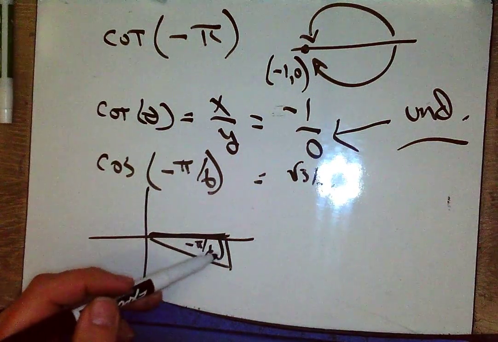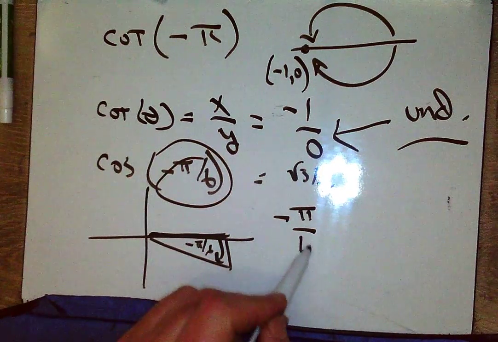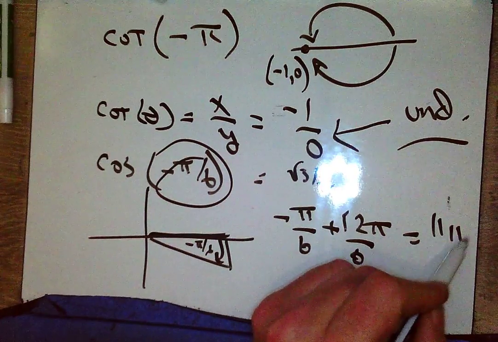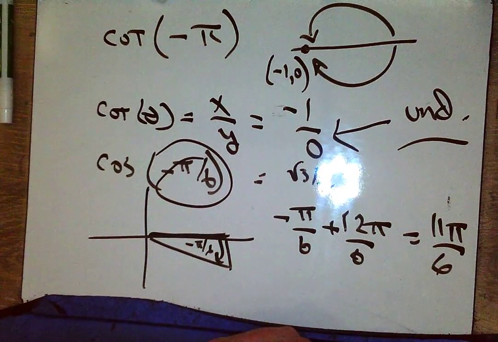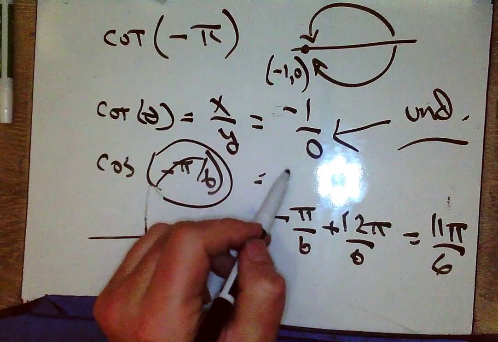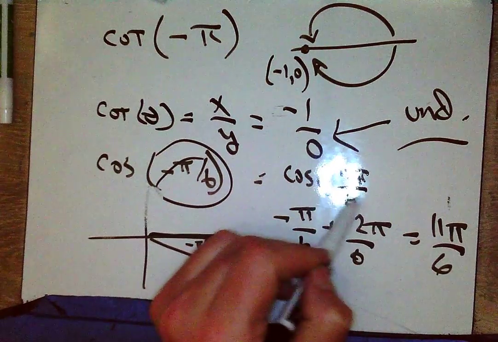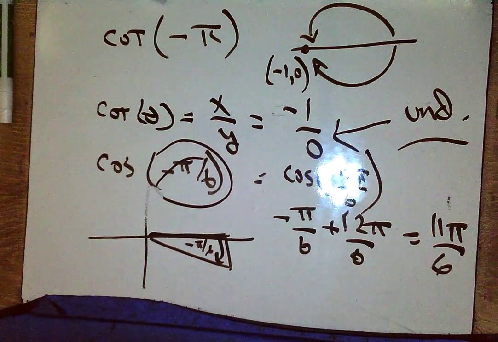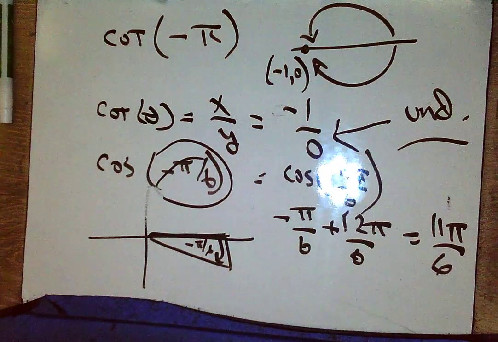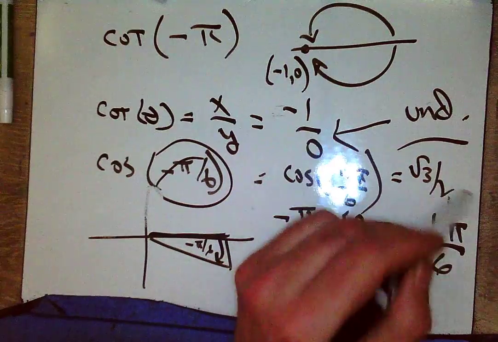But if you're not sure about this, again, you could add 2 pi to that. Negative pi over 6 plus 12 pi over 6 is 11 pi over 6. And while you may not know the cosine of negative pi over 6, it's got to be the same as the cosine of 11 pi over 6. Okay, so for 11 pi over 6, the cosine is root 3 over 2.